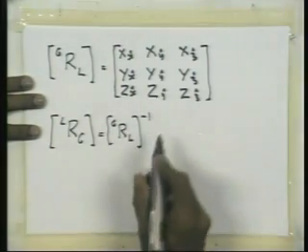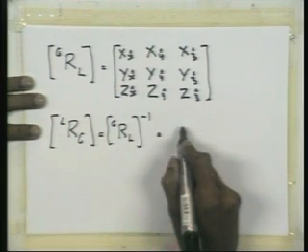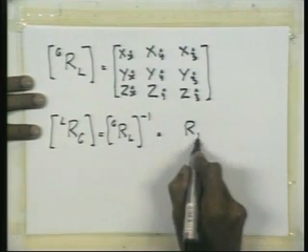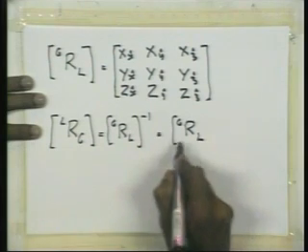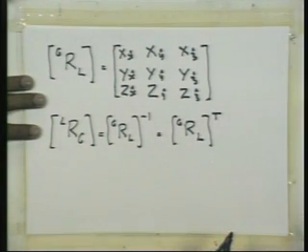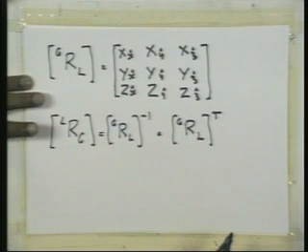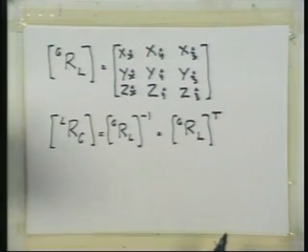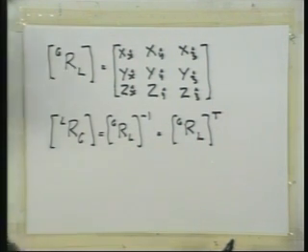It turns out that, and it's fairly easy to show that, this is the same as the transpose of this earlier matrix. So finding inverse is very simple. Just take the transpose. So if you have the rotation matrix from local to global, local with respect to global, then global with respect to local is simply the transpose of that matrix.